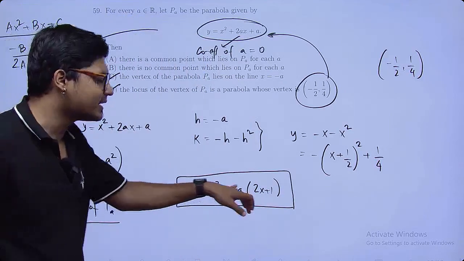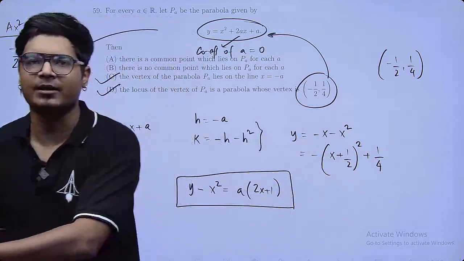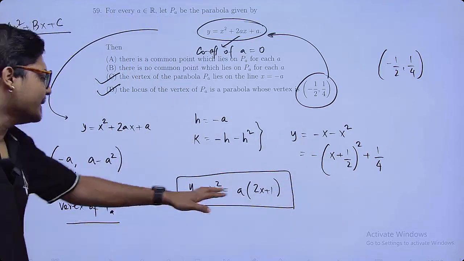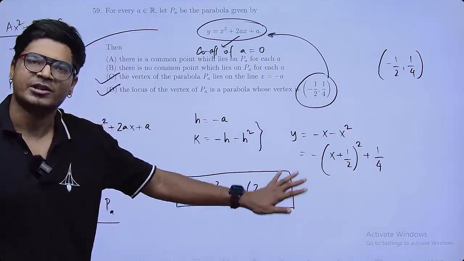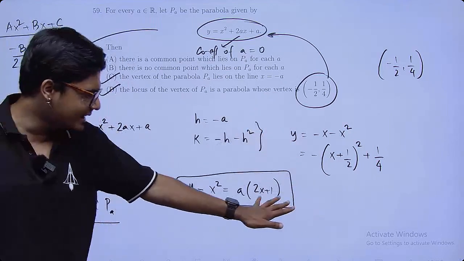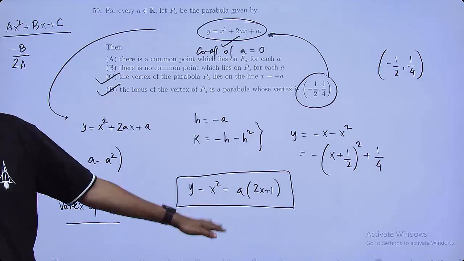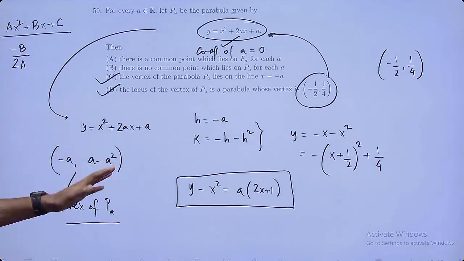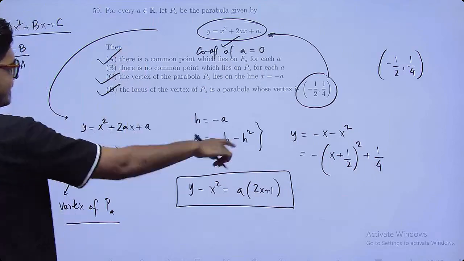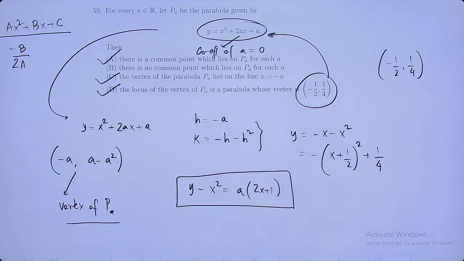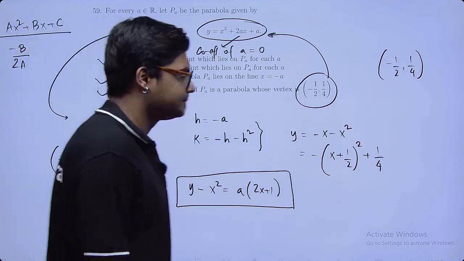You want to find solutions x, y which are common to all the parabolas. So if it's common, the part involving a should be 0, which means 2x plus 1 has to be 0. So x has to be minus half, and once you get x equal to minus half, plug it here and you'll get the value of y as well. Or you could have just plugged this value and checked it. So there is a common point, and that point is minus half comma 1 by 4. So the answer is ACD. Cool.